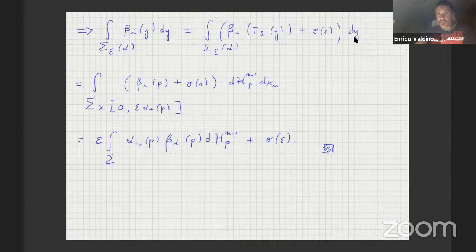Then I do my change of variable. So I think that y is actually y of x. So for the change of variable I had in the previous page, I write this as the surface element multiplied by dx_n. Now I integrate over x_n and I get exactly epsilon alpha. And then I have the smaller remainders like little o of epsilon.